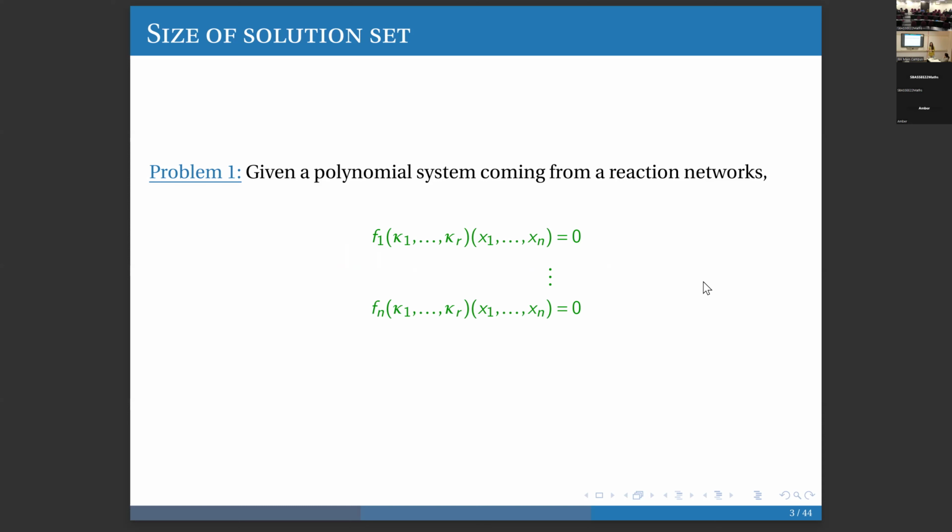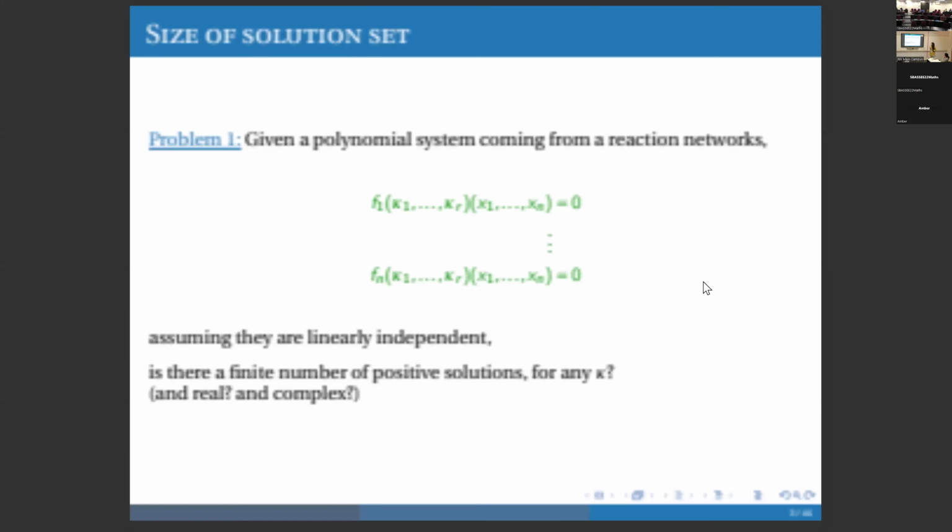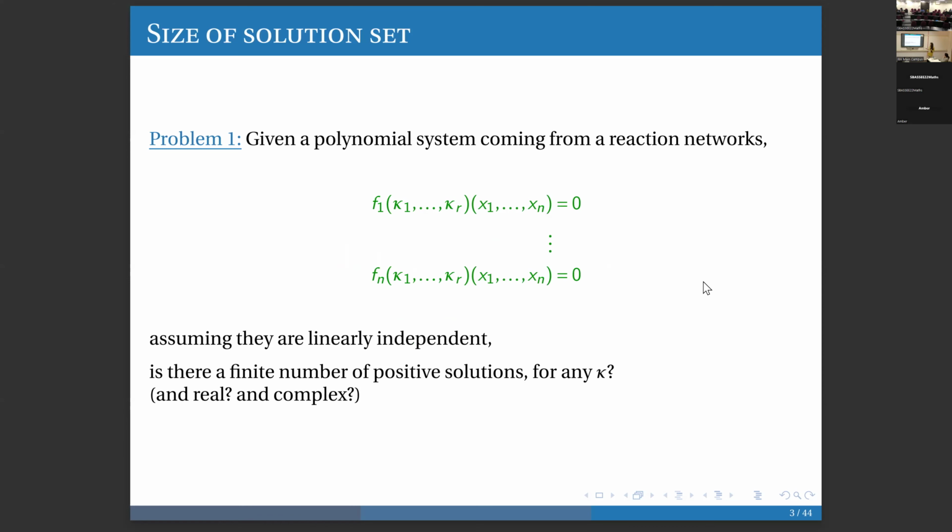The monomials are fixed by the reactants, and then each monomial comes with its own parameter. And the question is, if they are linearly independent, if I don't need to remove any of them, is there a finite number of solutions? Complex, positive, real, whatever we're interested in.